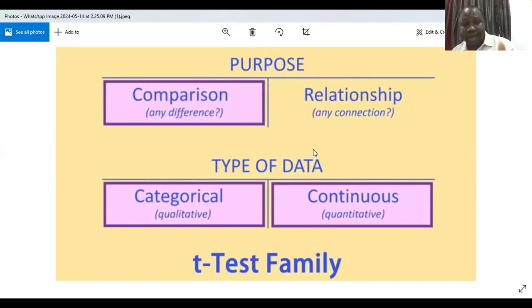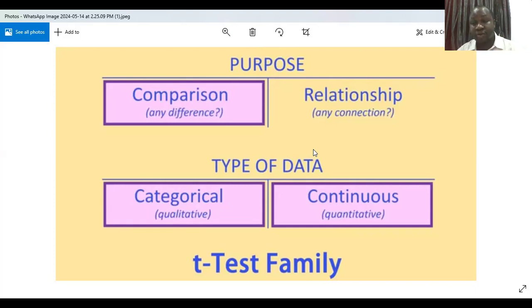So when you have a comparison, your purpose is that you want to compare, so you collected two sample sizes. You have an observed data and you have the normal data. That's you comparing. Are you following? When you now have data sets where one of them is categorical and one is continuous, you are using what? T-test.